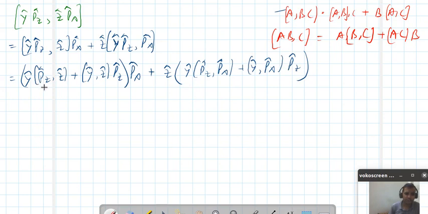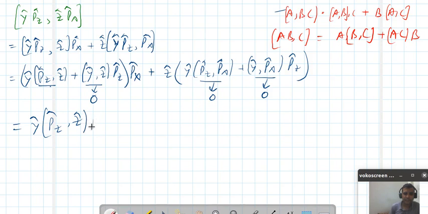So if I look at it, pz z will remain as it is, but this is 0, this is also 0, this is also 0. These are standard results. And this px is multiplied with it, so it is y pz, z, and it is px, right? So this term is equal to this one.